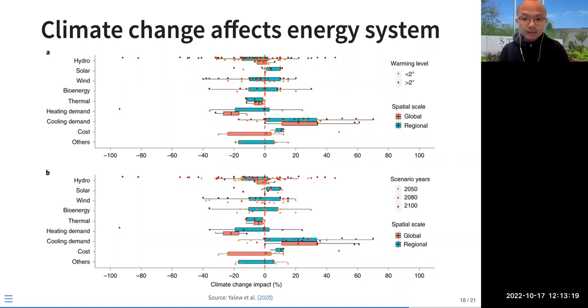So here it shows different scenarios and different timelines. So in general, climate change would add to the cost of the energy systems.